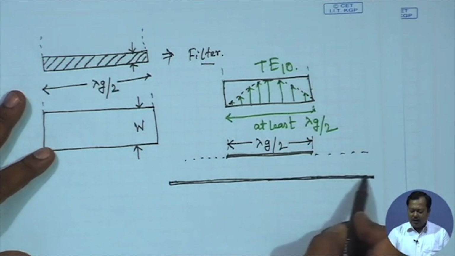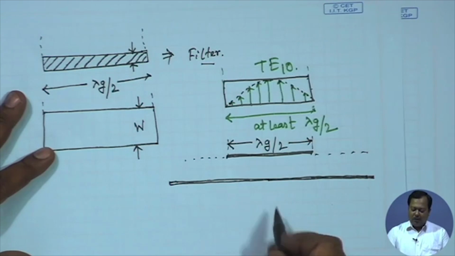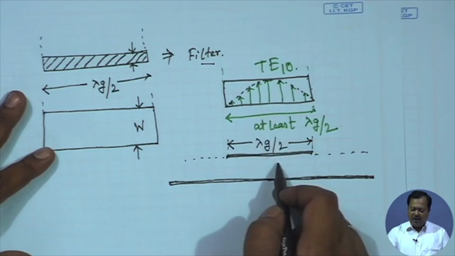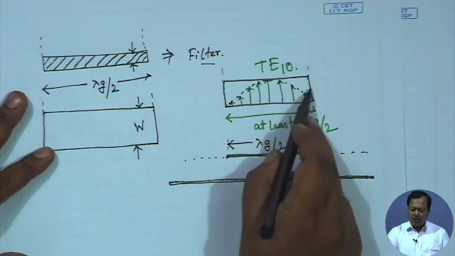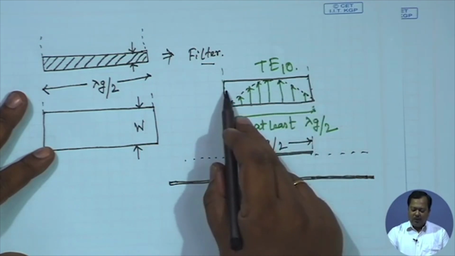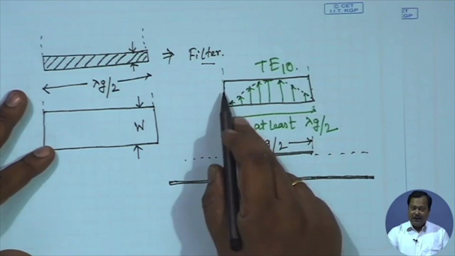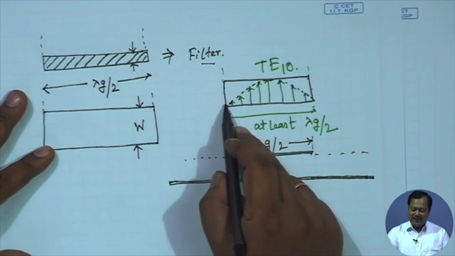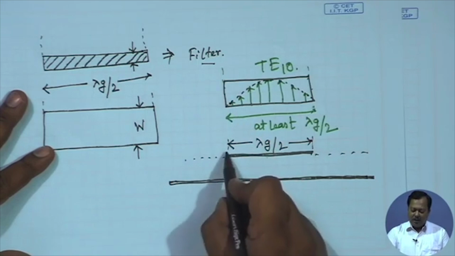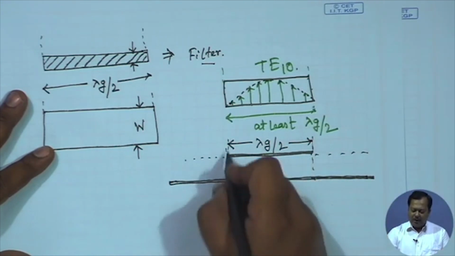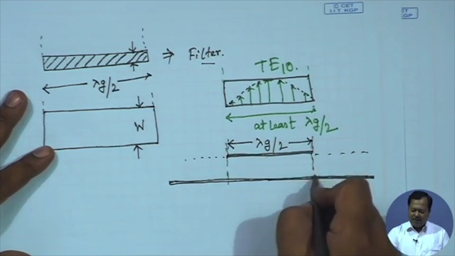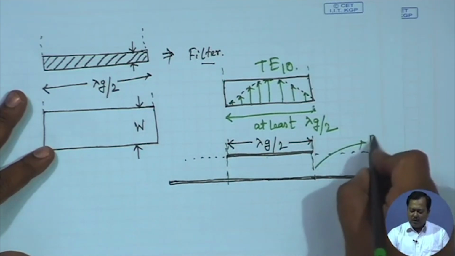So I am drawing the cross sectional view. Now if I compare these two figures, for the rectangular waveguide we have metallic side walls, so we can model it by electric wall, PEC, and for the microstrip line it looks like open circuit, so we can model these two surfaces by PMC.